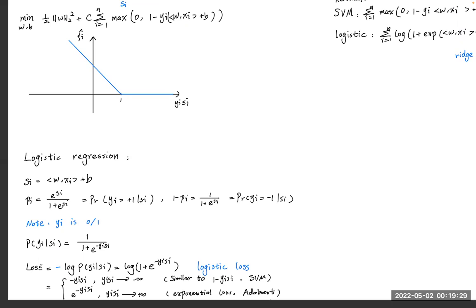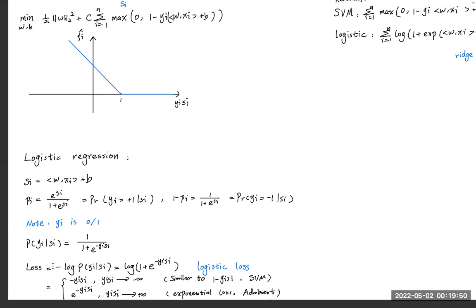And then the loss function can be defined as the log likelihood. So the log of probability, and then we put a negative sign, because we want to maximize the probability so that we have a good score to predict y_i. And then we want to maximize the log of the probability or the log likelihood.